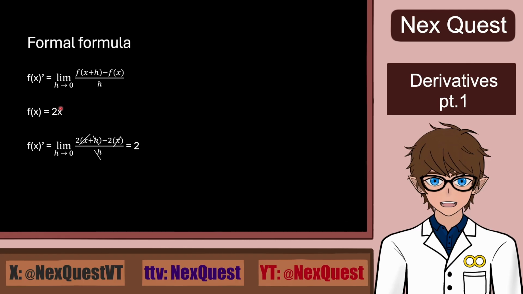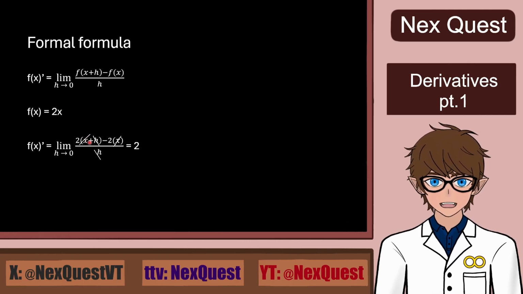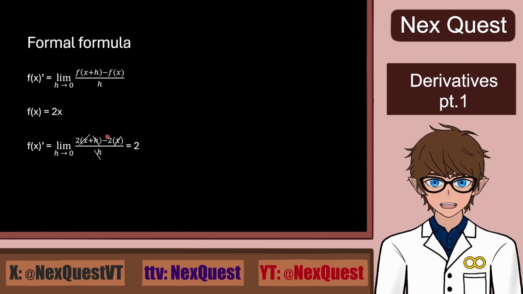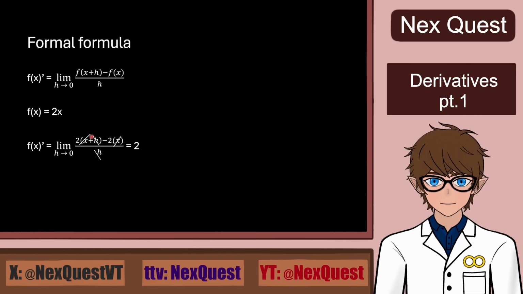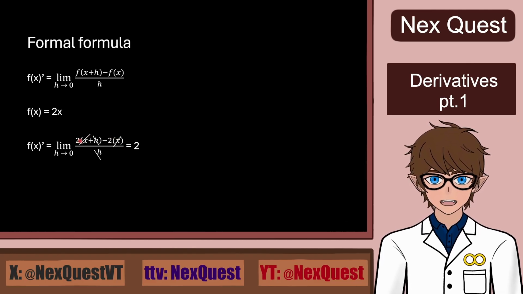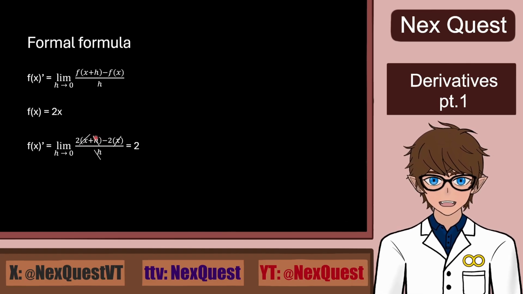It would happen before we multiply with the 2. So same way here, we add the h to the x, and then multiply all of that with 2. We get 2x plus 2h minus 2x divided by h. Now, we can cancel the 2x parts out, because 2x minus 2x is 0, and then we cancel out the h's because we're left with 2h on top and h on the bottom. So we're left with just 2.